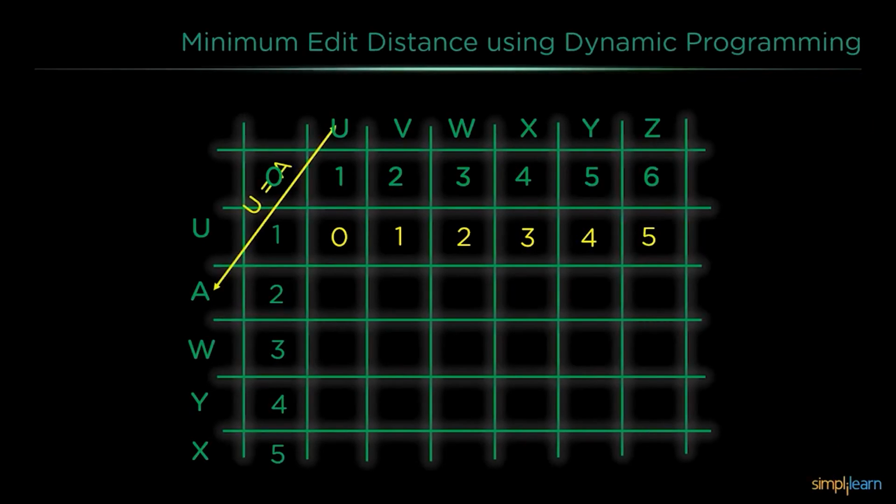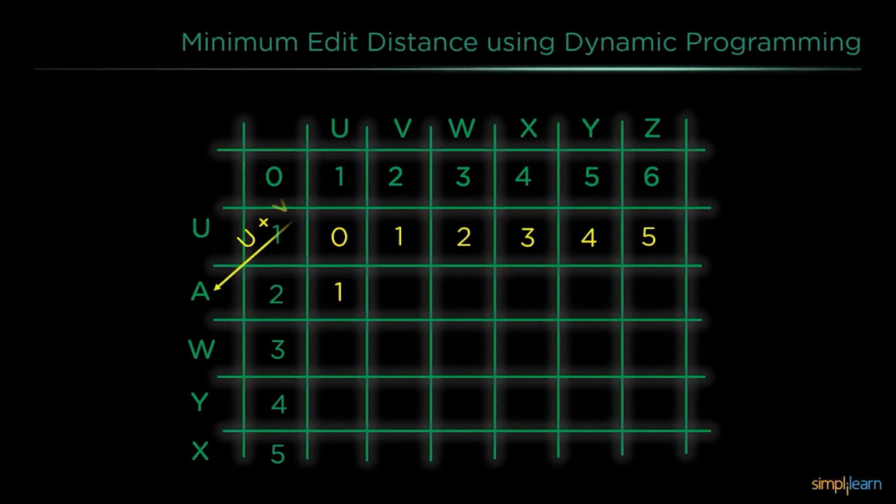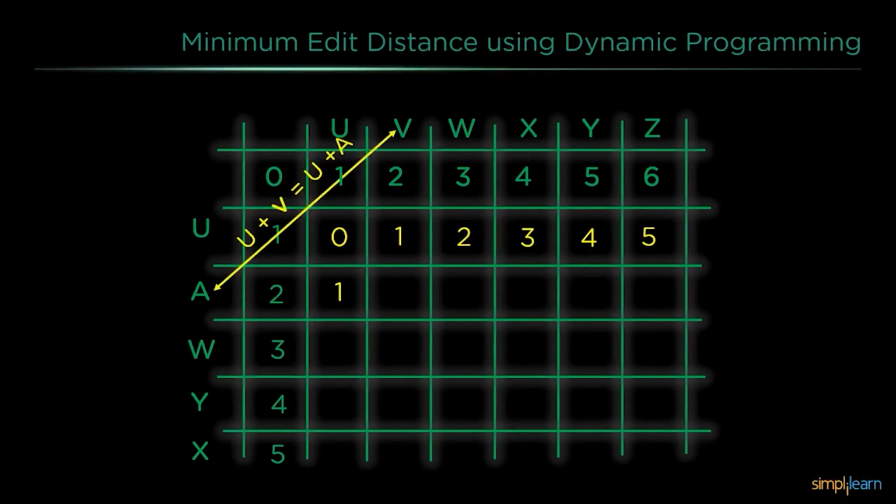Let's fill up the second row with U in string 1 and U and A in another string, to convert U to U plus A in one operation. Next, we have U plus V in string 1 and U plus A in another string. So converting them will take one operation.